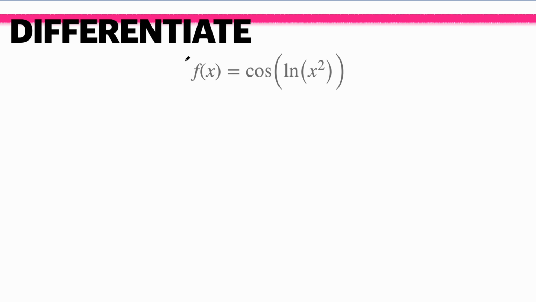So to do a chain rule, you go outside in. So first take the derivative of cosine, its negative sine, and rewrite the inside. Now you have to take the derivative of the inside. Well, the derivative of natural log, this is the natural log of u.